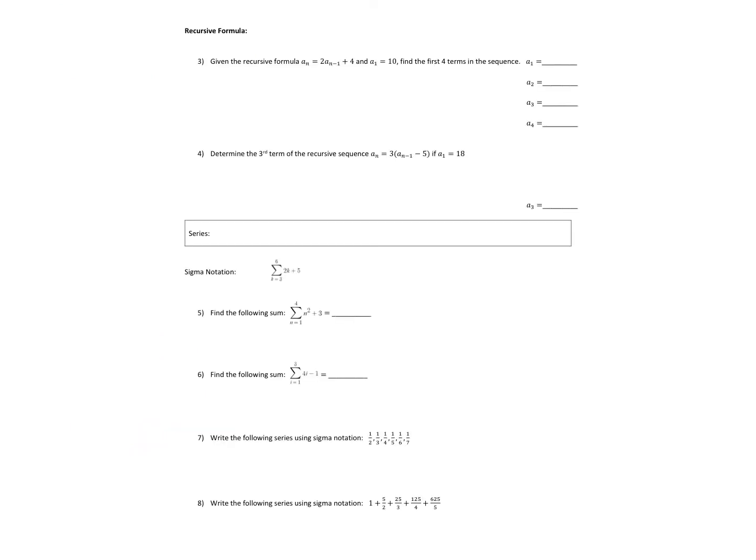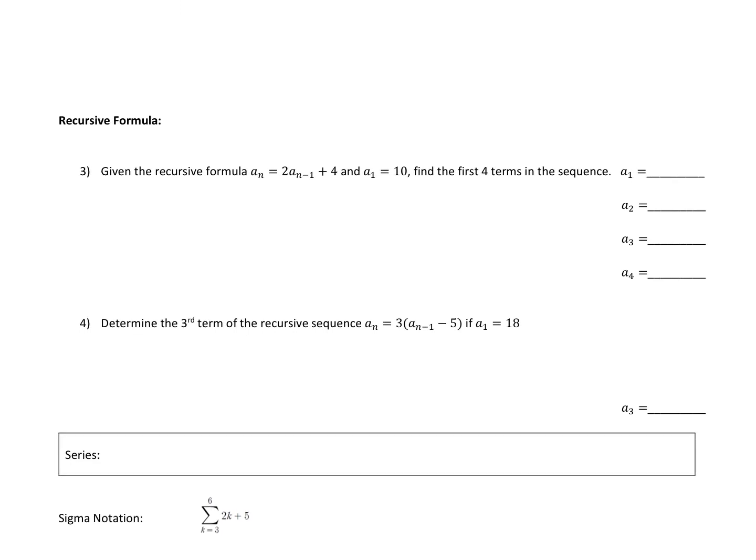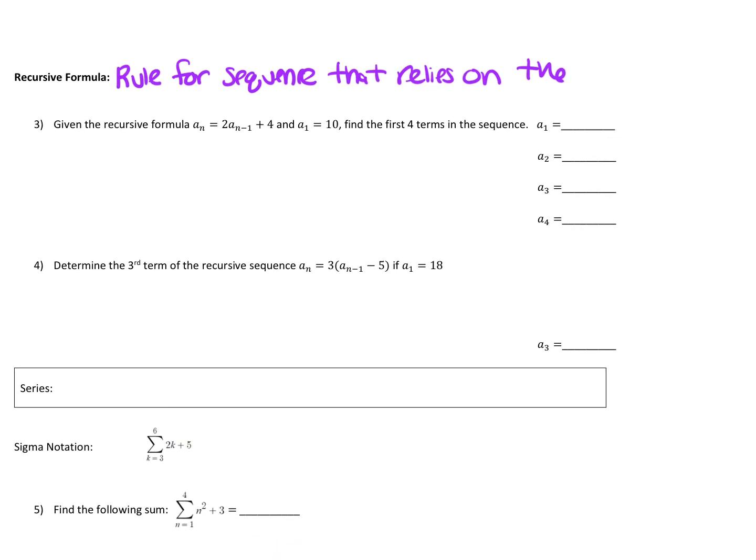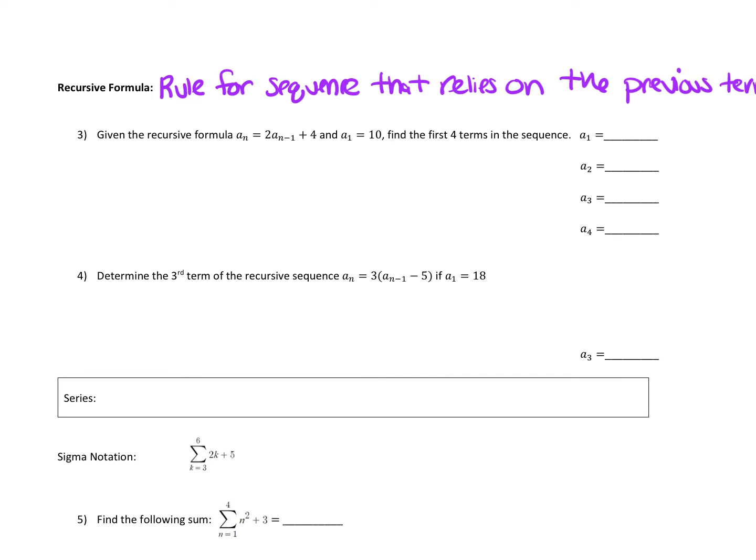Now we're going to talk about something called a recursive rule. A recursive rule is a rule for a sequence that relies on the previous term. The previous term is called a sub n minus 1.